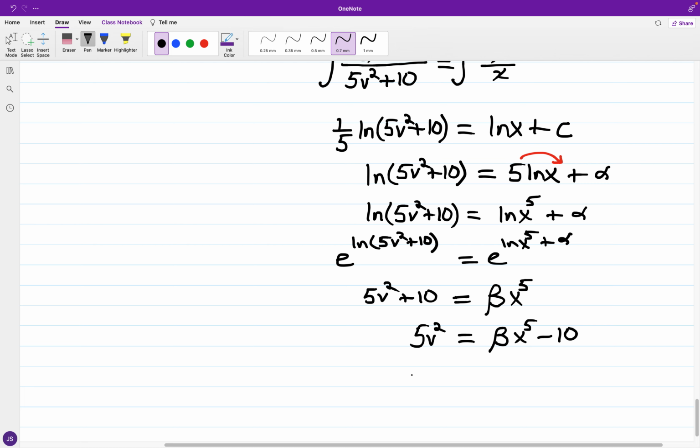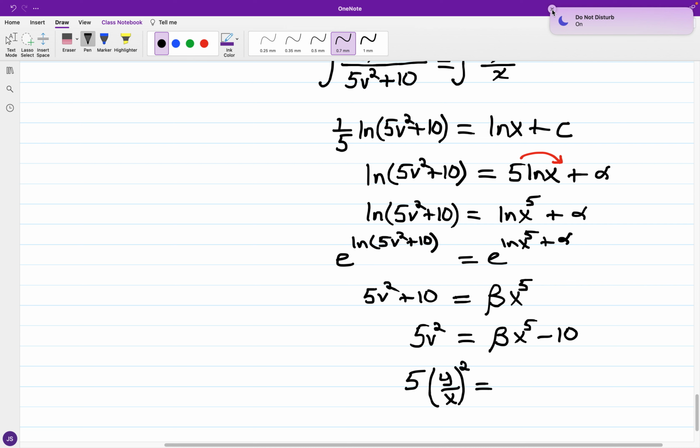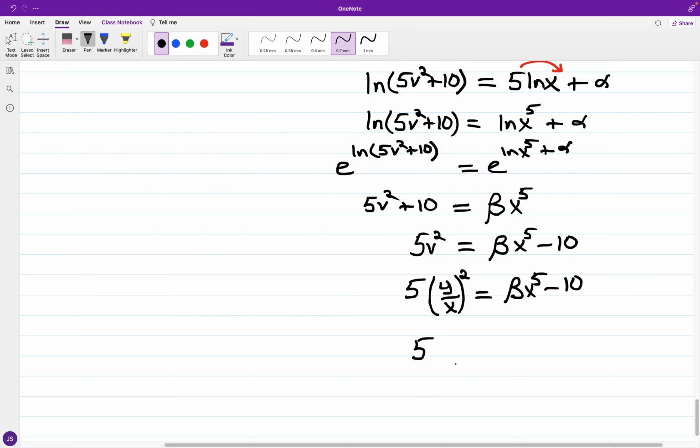Now for v squared, so you have y over x raised to the 2nd. Okay, so now we have 5y squared all over x squared is equal to beta x to the 5th minus 10.